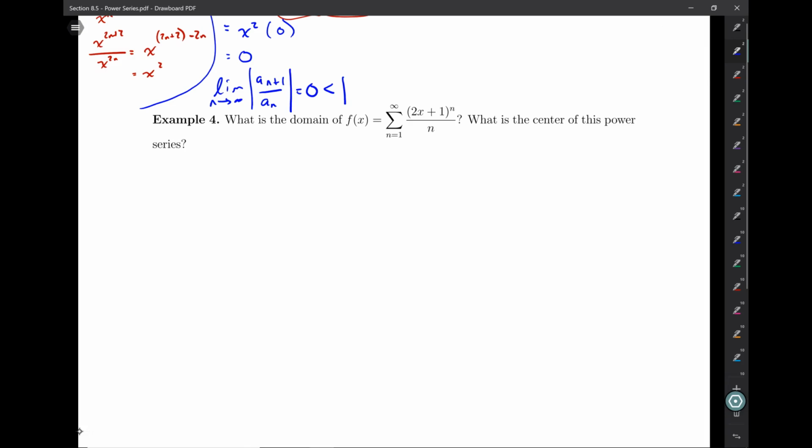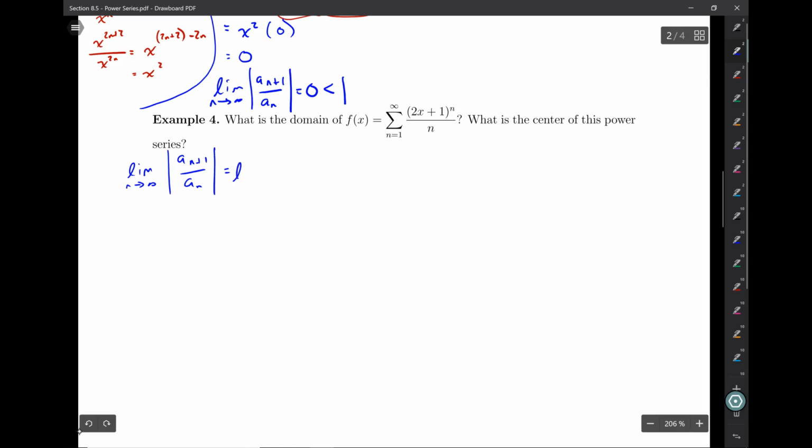So, here we have (2x plus 1) to the power of n divided by n. This is not a geometric series, so we don't want to use a geometric series test. The next best thing to try is, well, let's try the ratio test again. We're going to be looking at a limit as n approaches infinity of the absolute value of a sub n plus 1 over a sub n.